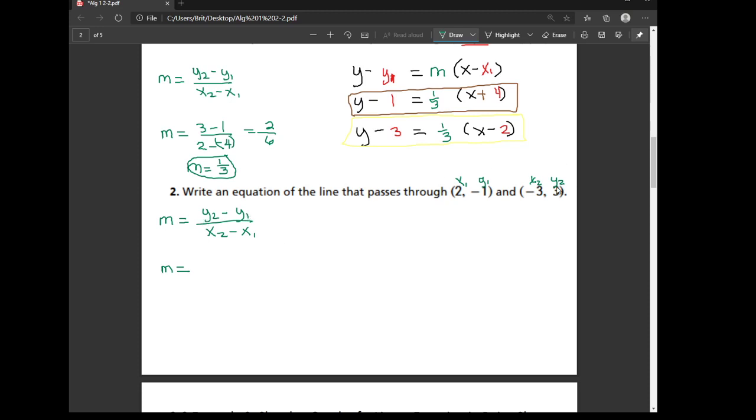So y2 minus y1 gives me 3 minus -1. x2 minus x1 gives me -3 minus 2. So 3 minus -1 is the same as 3 plus 1, which is 4. And -3 minus 2 is -5. So my slope is -4/5.